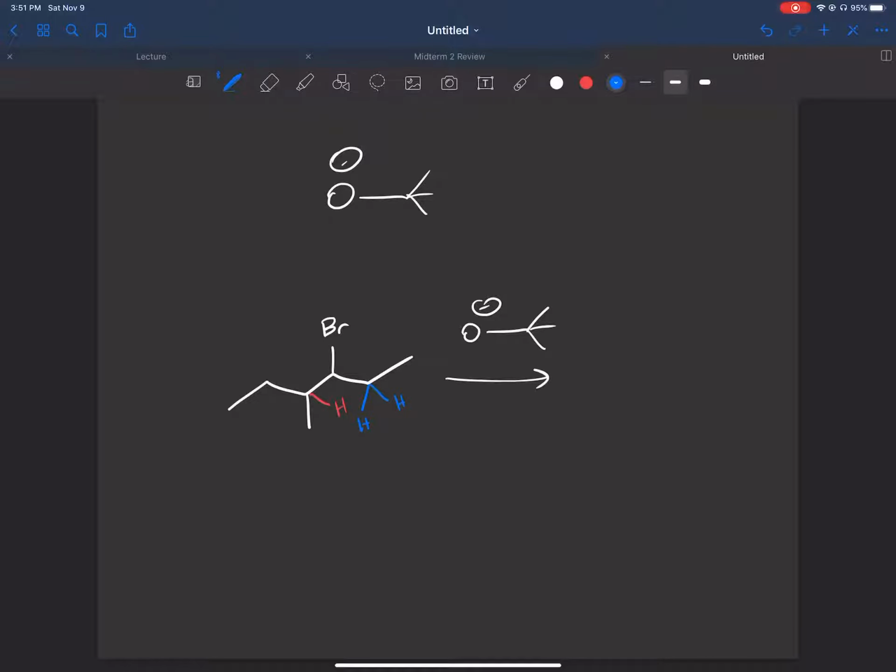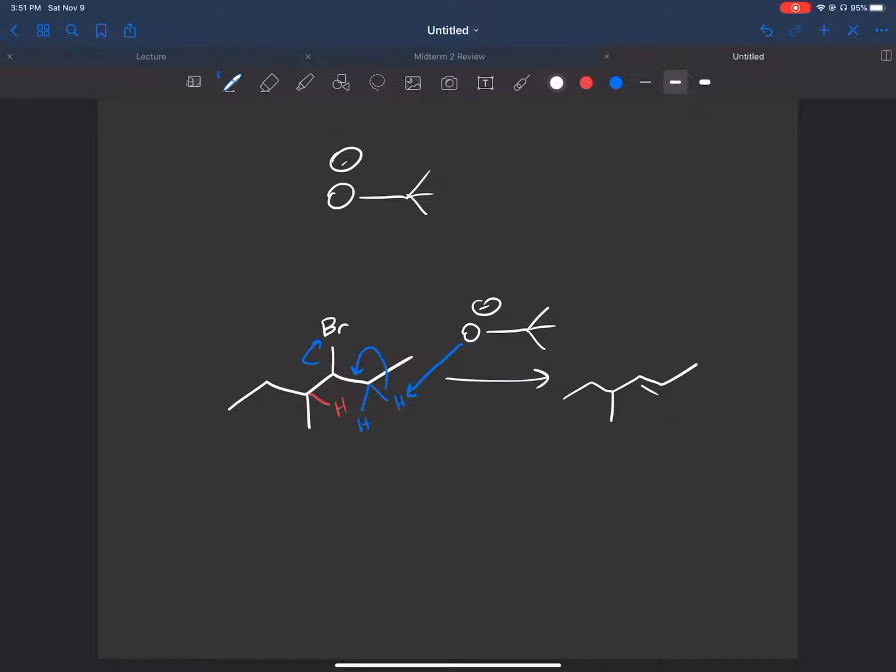Because there are two of them, it's not as hard for it to bypass a bunch of other things on the secondary carbon. So it's going to go for one of those blue hydrogens and grab this hydrogen. That bond collapses down and kicks the bromine out, giving us something that looks like this.